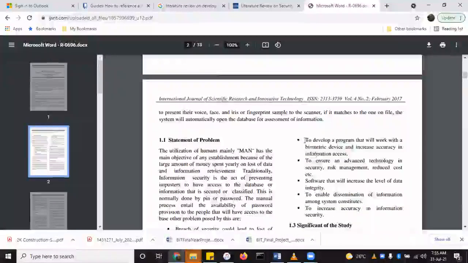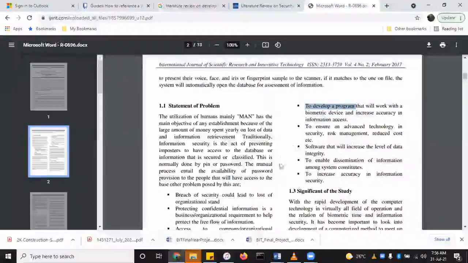So if you notice, actionable plans to develop a program that would work with biometric devices and increase accuracy. See that? To develop. To ensure an advanced technology in security, risk management to reduce cost, etc. Software that would increase the level of data integrity to enable dissemination to increase accuracy. Okay, so this is definitely the approach that he chose to go about with his objectives.